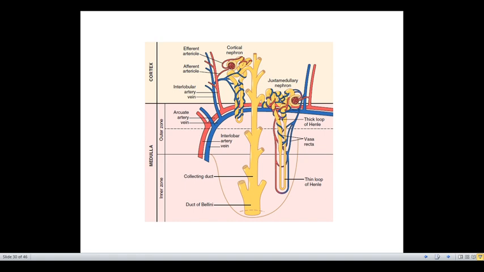Also have a good look at the peritubular capillaries and the vasa recta. Both of these arise from the efferent arteriole, as I mentioned in the previous slide, but there is a difference of location and arrangement around the nephrons.